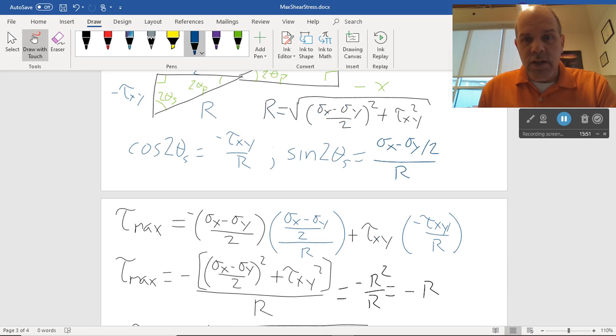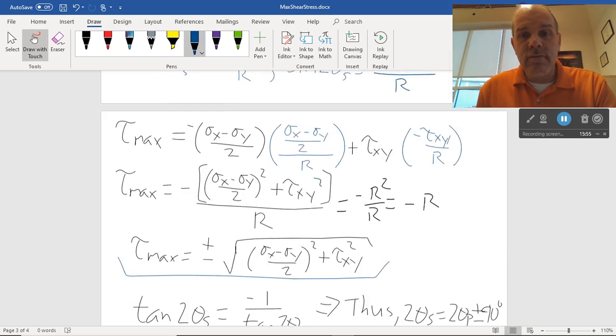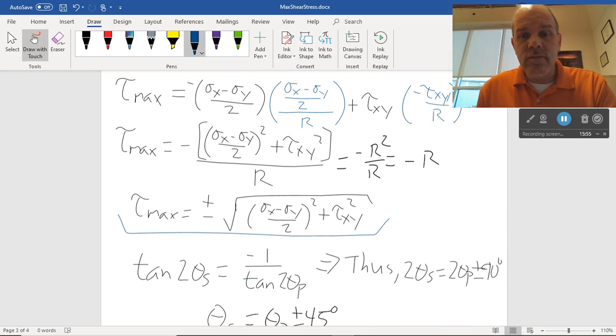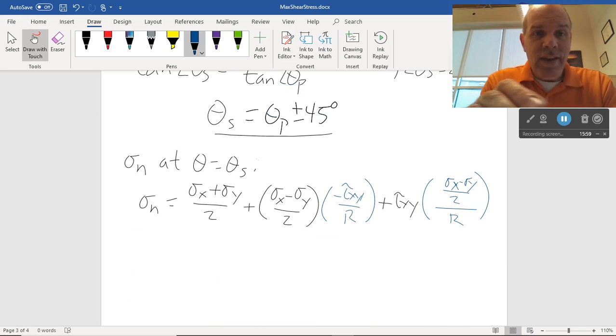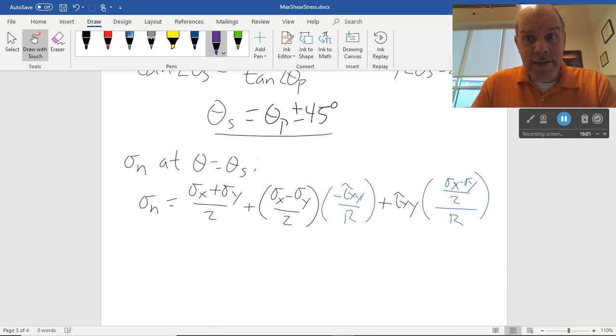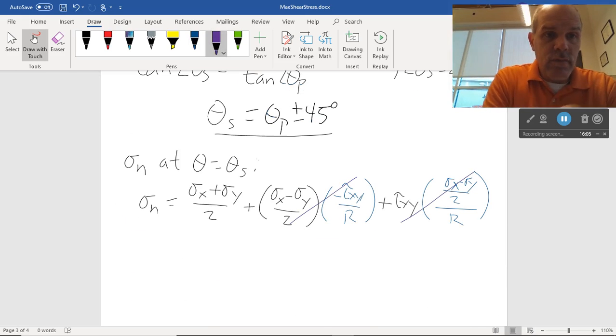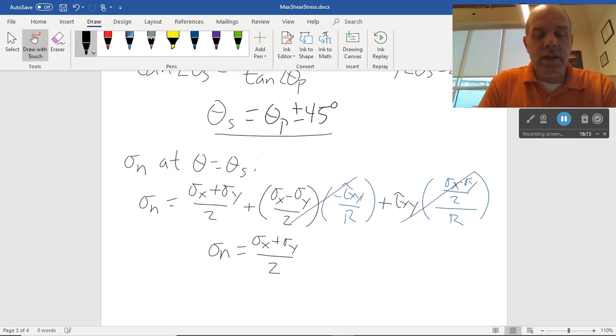I'll scroll up just again so we can believe it again. This was my sine function over here on the bottom right of the page. Therefore, I have this. Notice the second and third terms are the negative of each other. This and this cancel. Sigma n is sigma x plus sigma y over 2. We can do the same thing for sigma t. I feel like being more clever today, though.